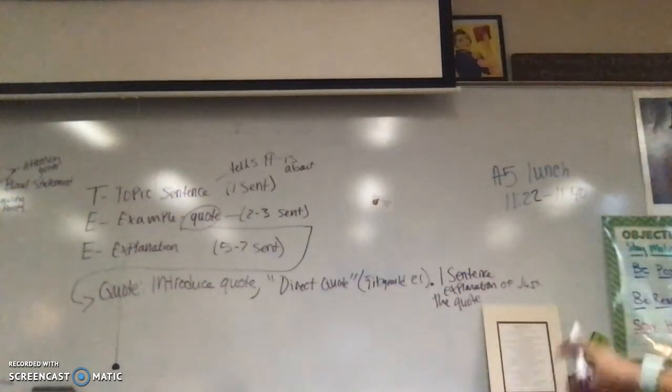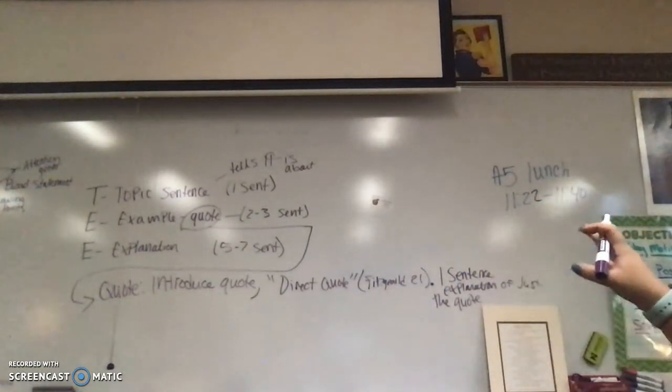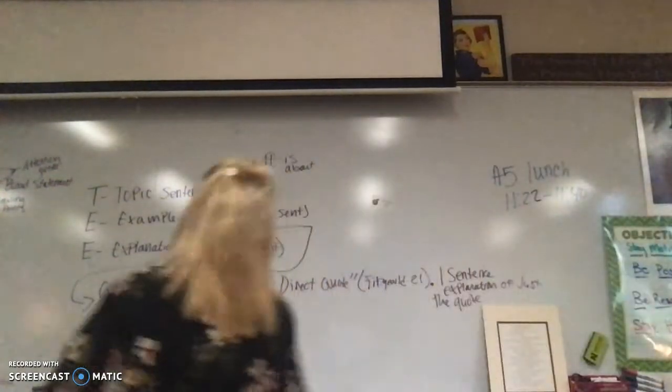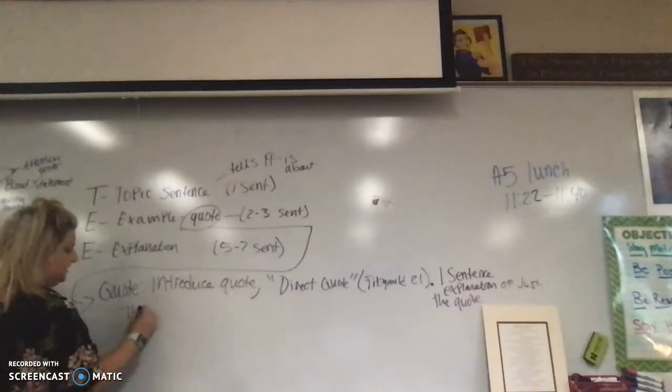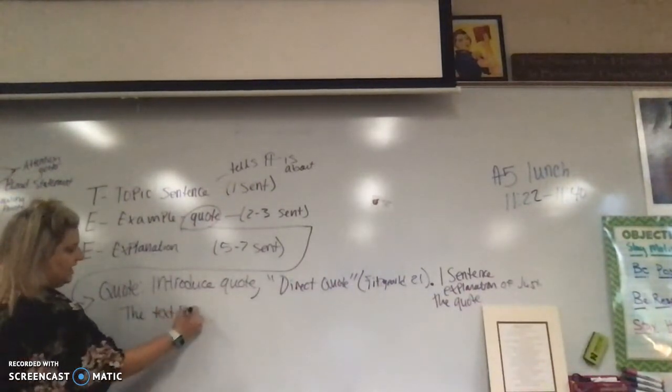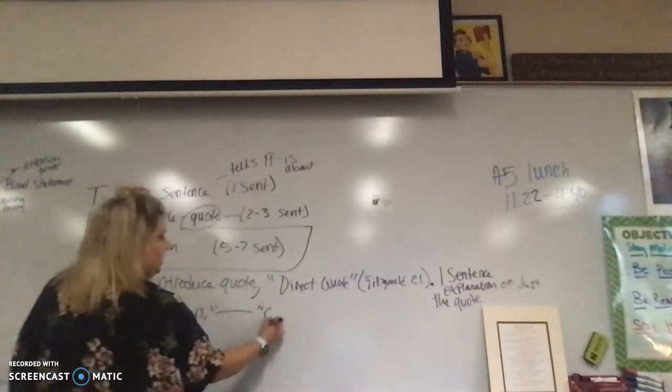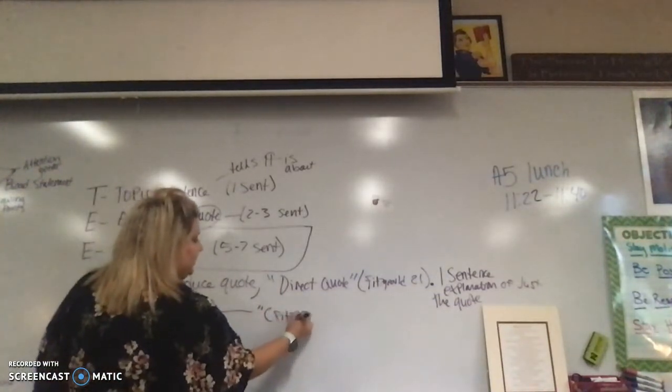So this is how you write the whole part 2 example. You could say something like, the text says, comma, give the quote, give your Fitzgerald citation.